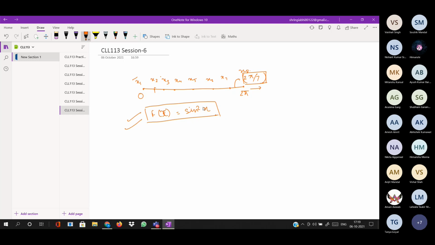Now suppose it were not such a beautiful function as sine square x, and you were given some arbitrary function in your laptop, from which you can generate some points, but we do not know the nature of the curve, whether it is sine or exponential or something else.